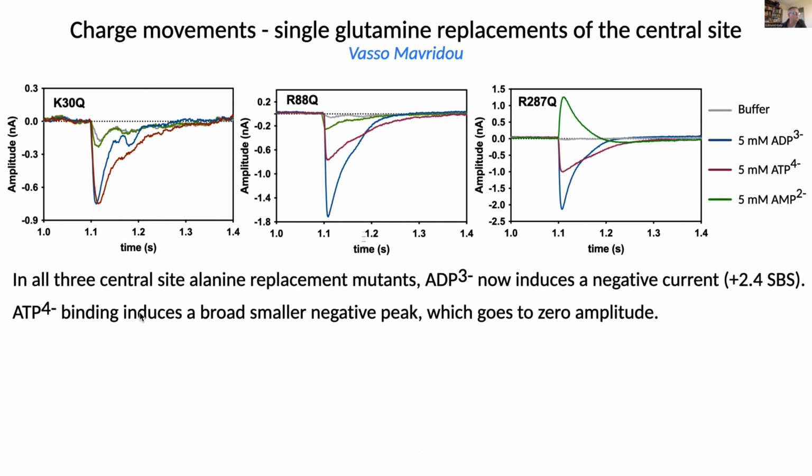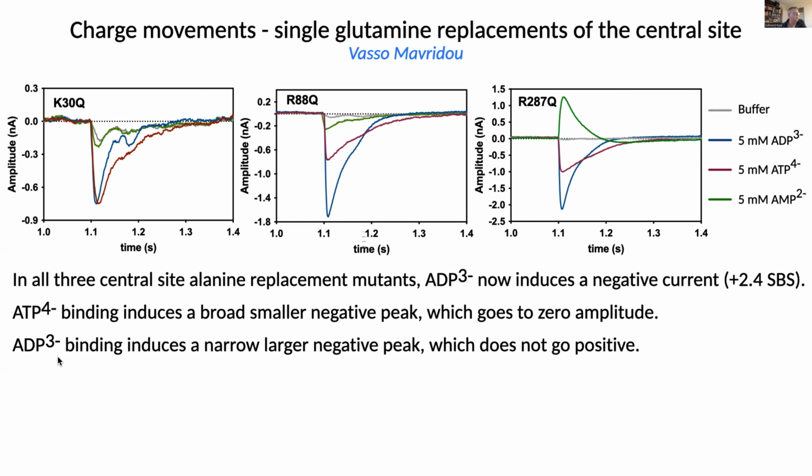Again, ATP produces a smaller but broader negative peak, which goes to 0 amplitude. The ADP peak induces a narrow, larger peak, but in this case it does not go positive as it did with the alanine mutations.